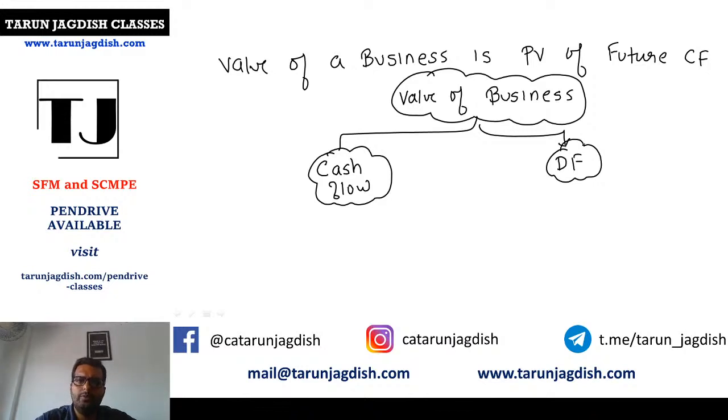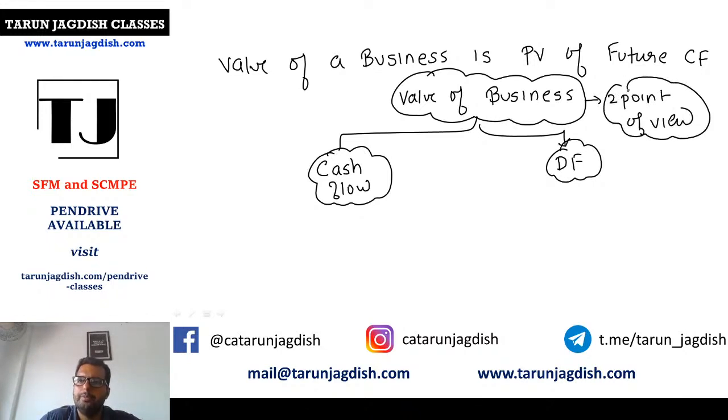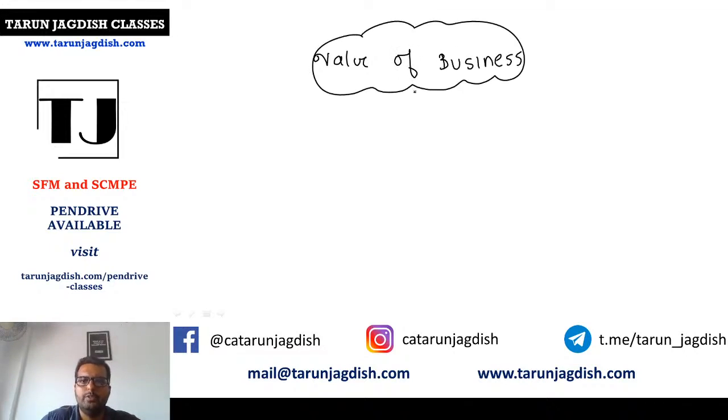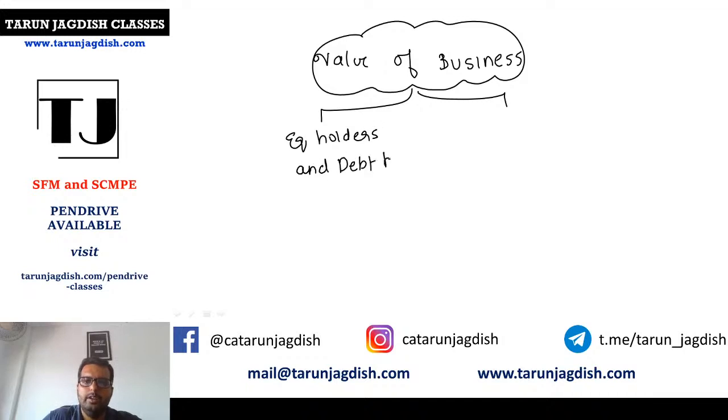Alright friends, now this value of business can be found out in two points of view. That is where the whole perspective will come. I'll just go to the next page. Value of business can be found from two perspectives. The first perspective is from equity holders and debt holders point of view.